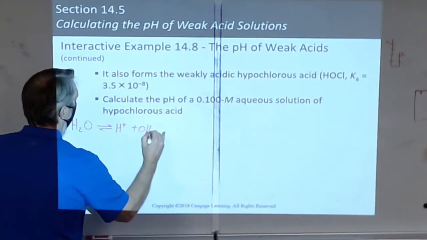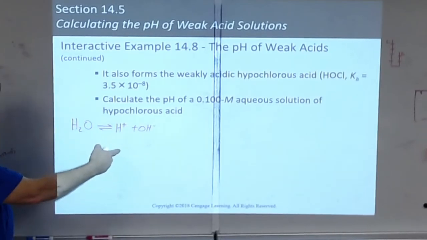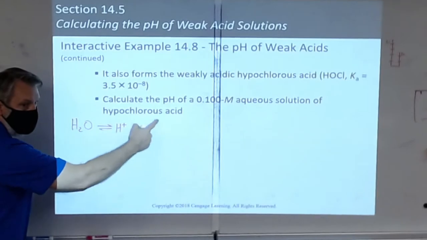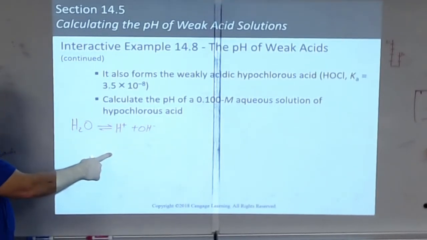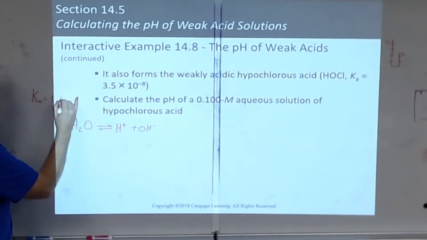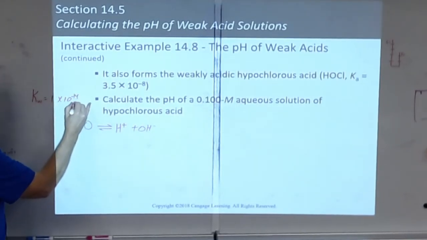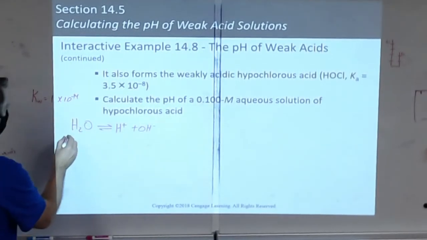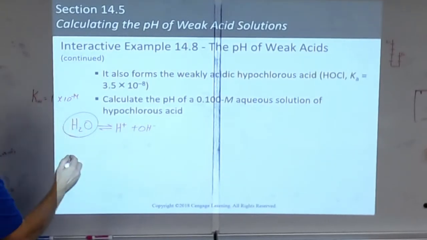Is there going to be a lot of this? Is there going to be a lot of this stuff? No, because the Kw is what again? Okay, that tells me this reaction is mostly on what side? It's mostly the reactant.